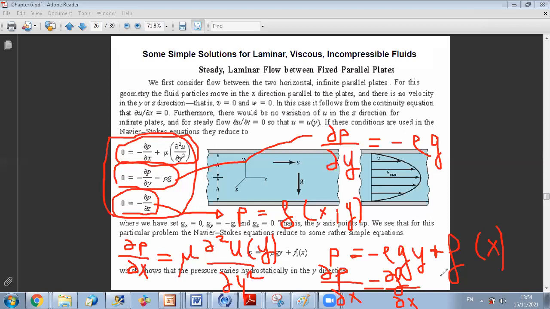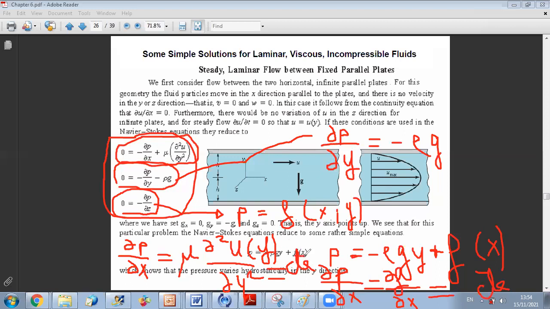Because if del p by del x is a constant, this will be solved. Since if I have a function of y, when I derive, I can get a constant. And if I have a function of x and I derive, I can get a constant. So to have this, the condition is del f by del x is a constant. So f should be a linear function of x. And also mu times the second derivative of u with respect to y should be a constant.